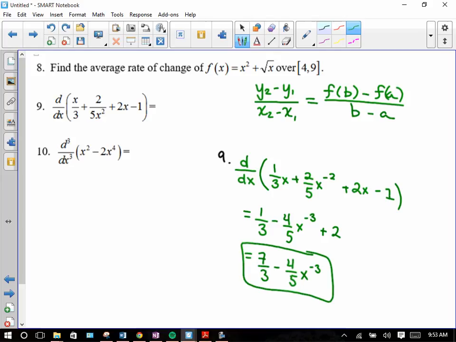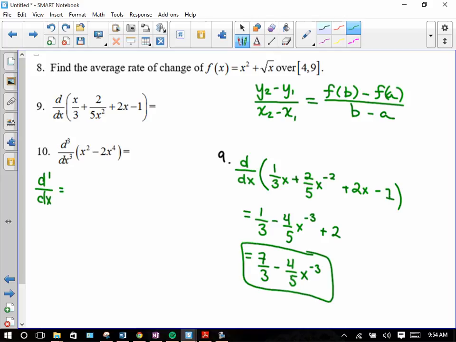Now what is number 10 asking us to do? The third derivative. So how do I find the third derivative? Yep, you have to start from the first one.